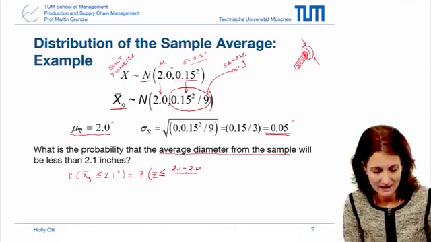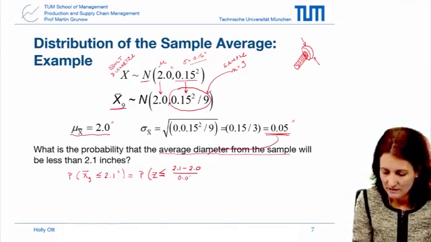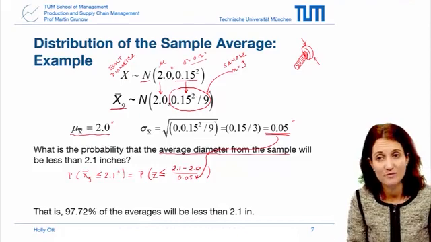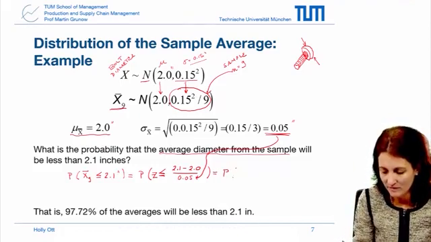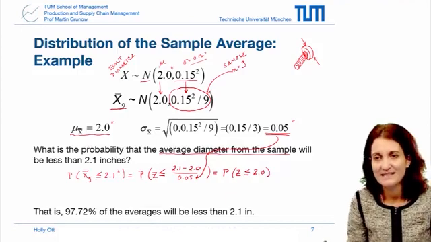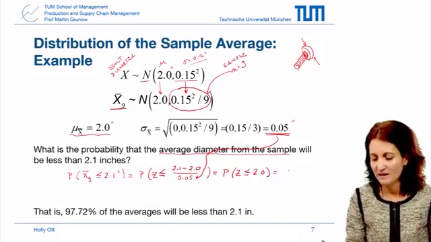Because now we're looking at the sample average, so we need to put our sample standard deviation there. That's the only difference from what we did before. And when we do that, this is a nice simple problem. If you can do that math in your head, you get P of Z is less than or equal to 2. And you can look that up in your table.